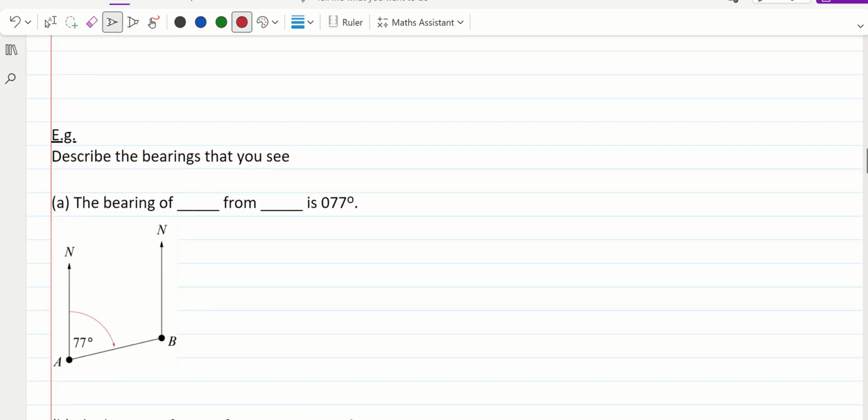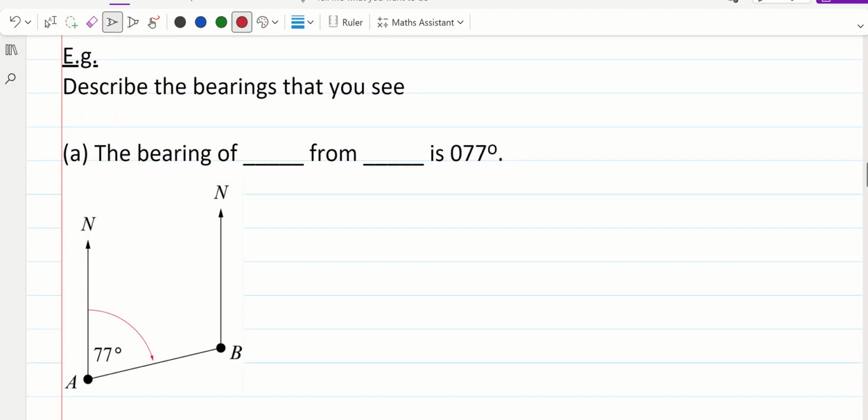So let's look at this one. It says, describe the bearing that you see. It is the bearing of which letter, from which letter? Well, that's the angle, that's the bearing I want. So it's obviously from A, because I'm starting from A. So from A. And it is the bearing of B. So it's how do I get to B from A?